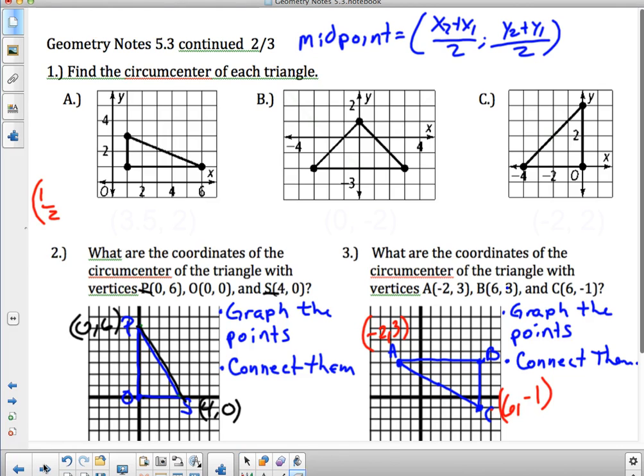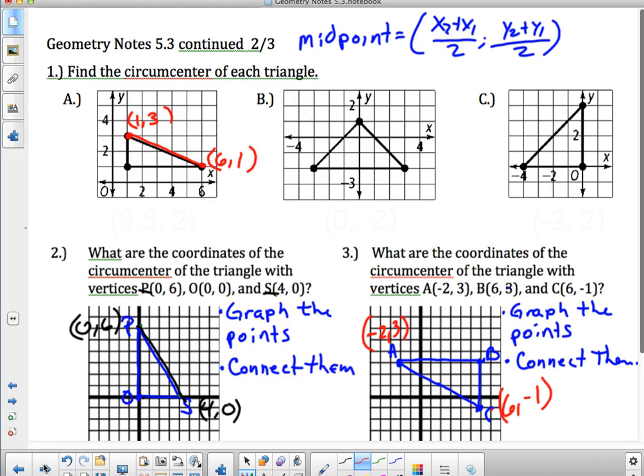So when I'm doing problems like 1A, I find my points. I got (1, 3) and (6, 1). I am concerned with these 2 points because they are the endpoints of the hypotenuse of my right triangle, because the circumcenter is located on the midpoint of the hypotenuse.